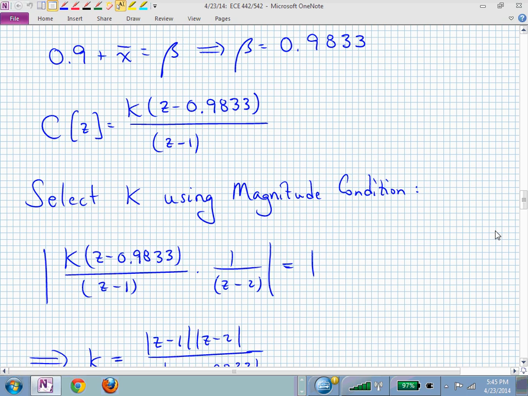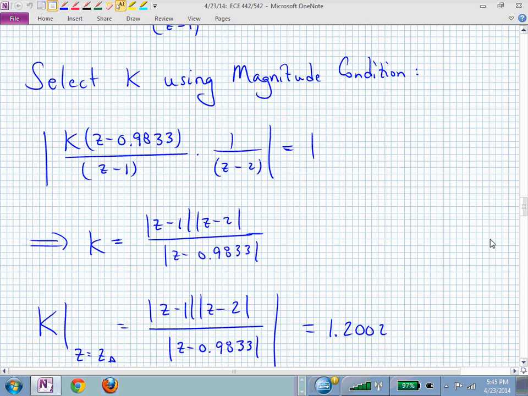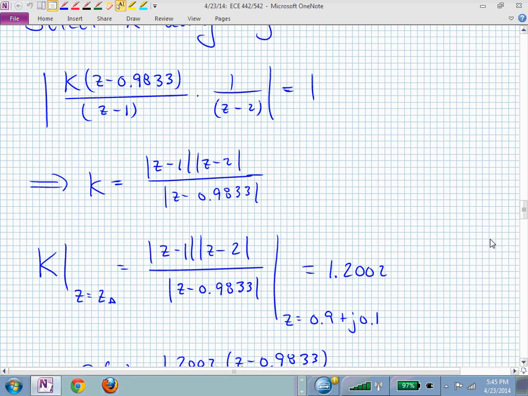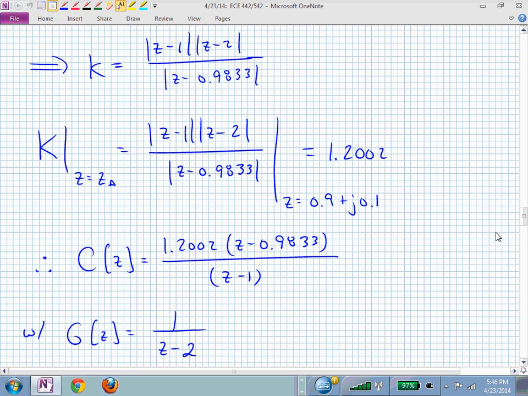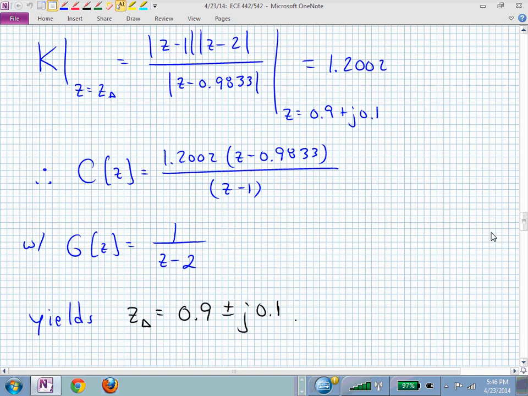Now we need to adjust the gain K. And we can solve for K, plug in the 0.9 plus j0.1, and we find that we have a magnitude of 1.2. There is now our controller. We now have our controller designed, and for this plant, which was unstable to begin with, it yields those closed loop poles.